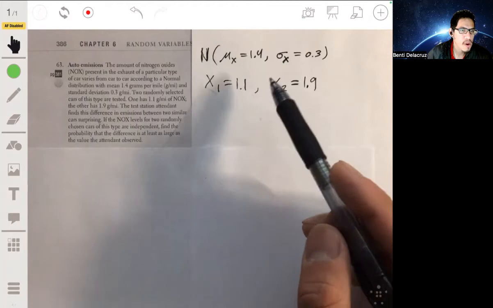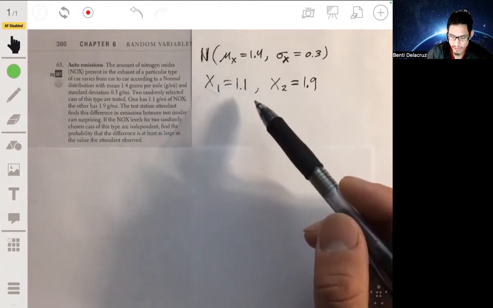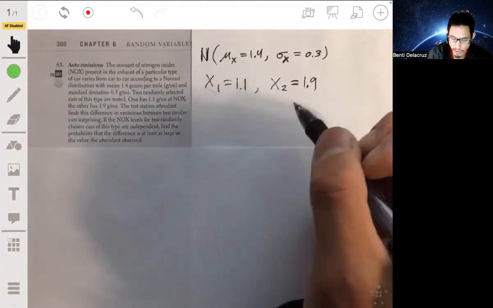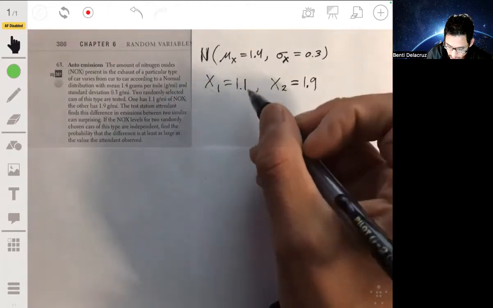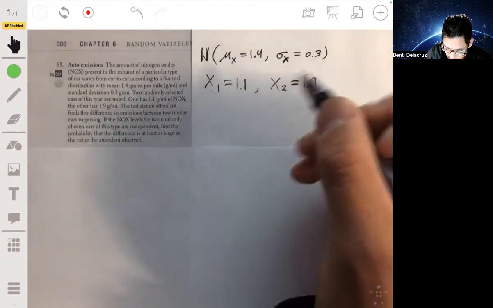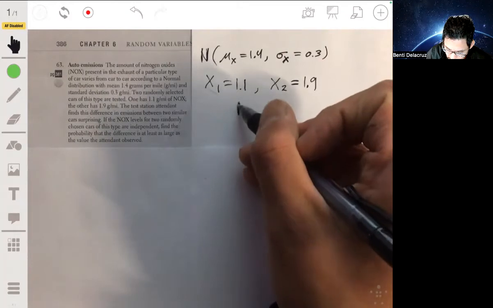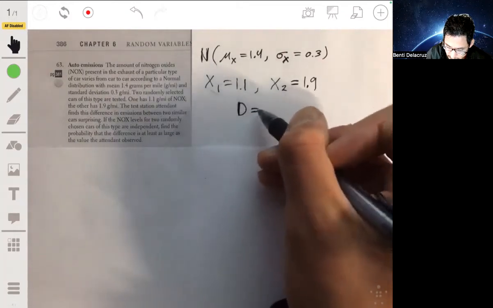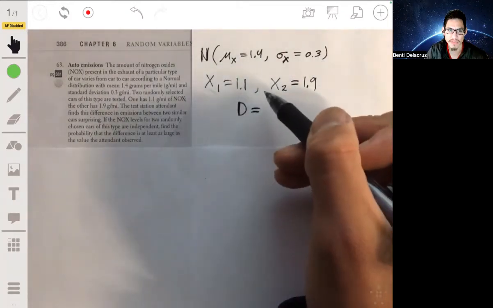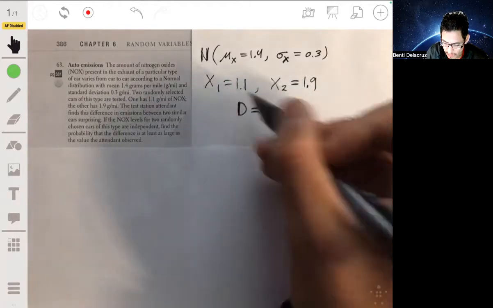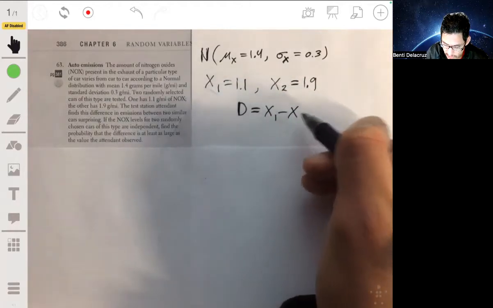So what we're actually looking at is a different type of variable. We'll just call it D because it's the difference, where D is the difference of two randomly selected variables. So D will be just X1 minus X2.